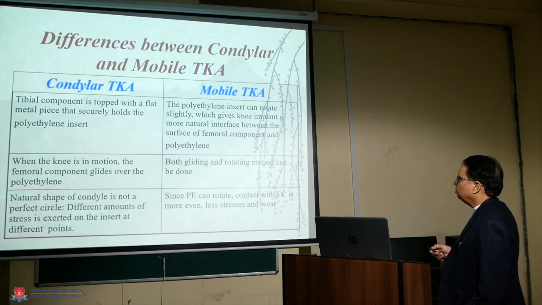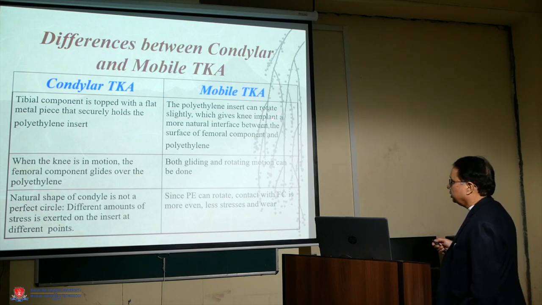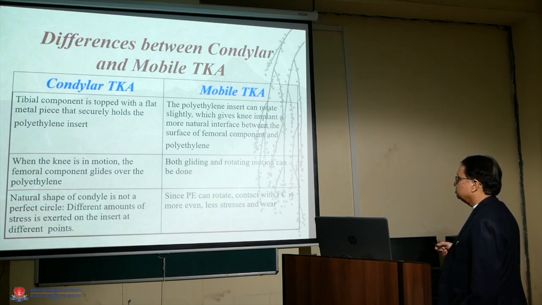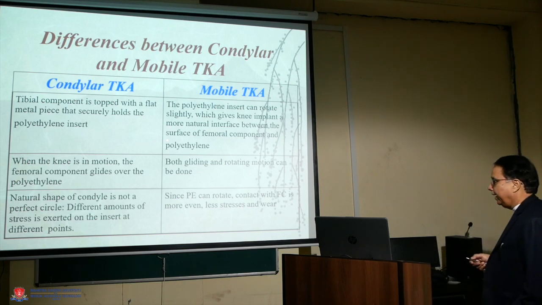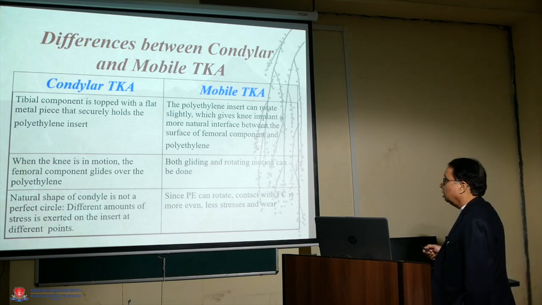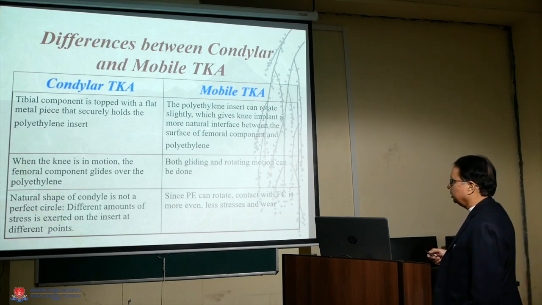While in mobile TKA, the polyethylene insert can be rotated slightly, which gives the knee implant a more natural interface between the surface of the femoral component and polyethylene. This was a later development which gives a more natural type of feeling.